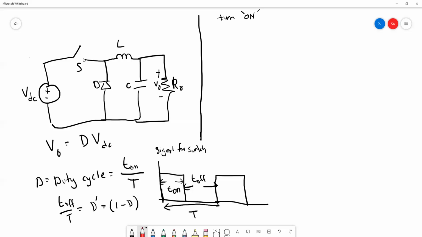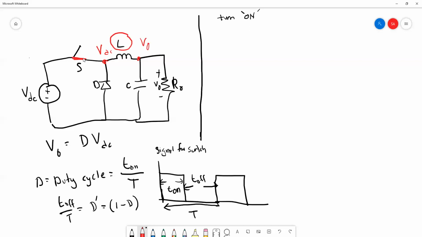The switch is turned on right now, meaning that the inductor is used as our main function. As you can see, this node will be your VDC, and this node will be your V out.